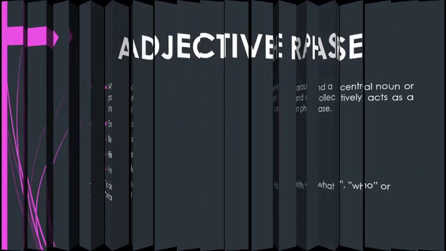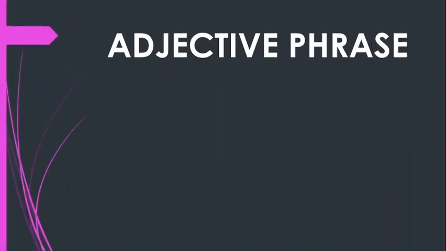Now moving on to the adjective phrase. Similarly, an adjective phrase, just like a noun phrase, can be one single-word adjective, but more often than not, usually speaking, there is this group of words. What is different here?